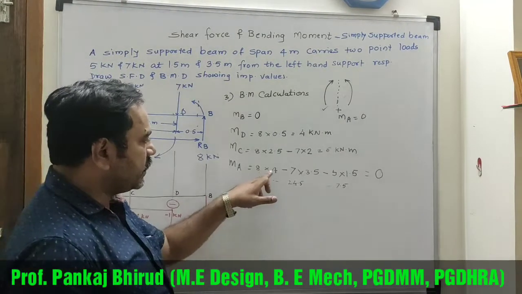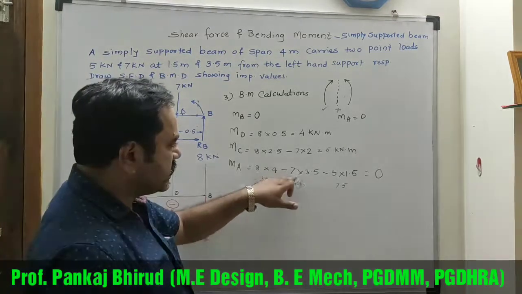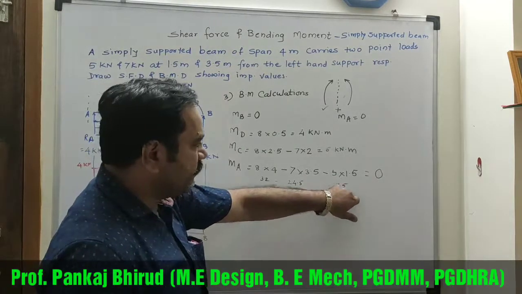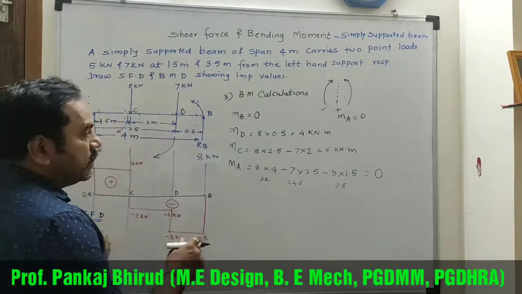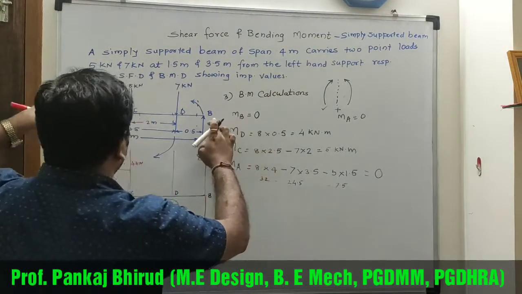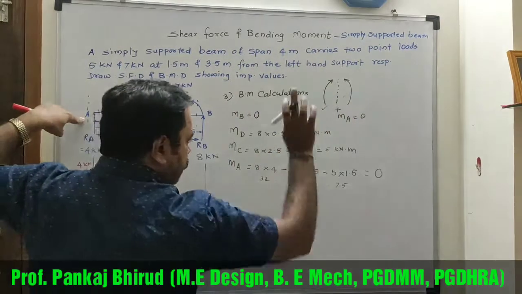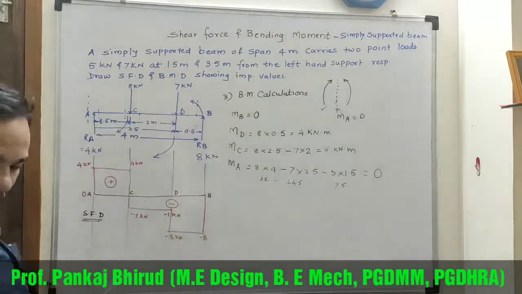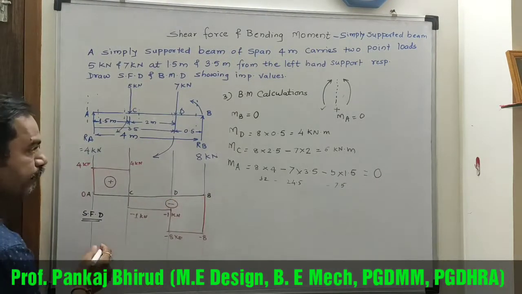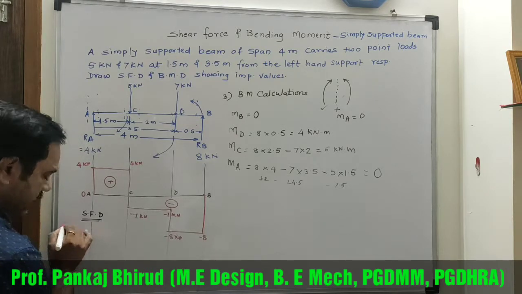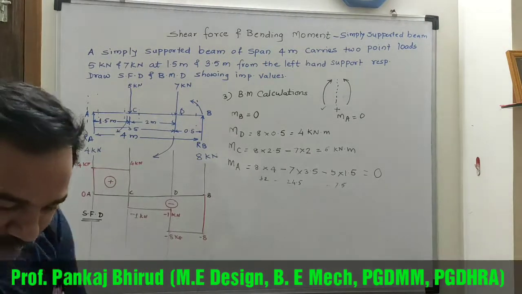So here 8 into 4, 32, minus 7 into 3.5, minus 24.5 and minus 7.5, that is 0. So moment at point B is 0 and moment at point A is 0. So you can calculate this directly. Now draw BMD, bending moment diagram.